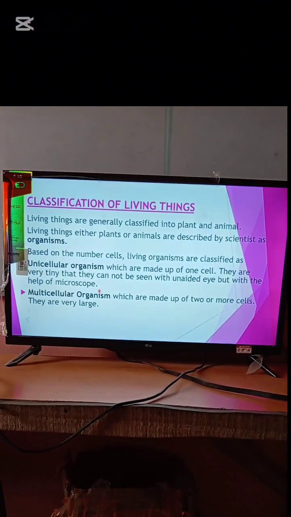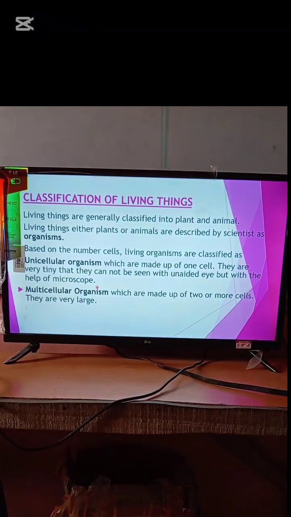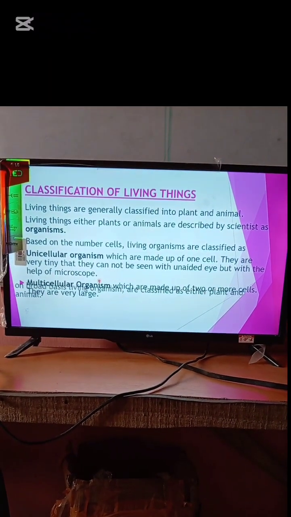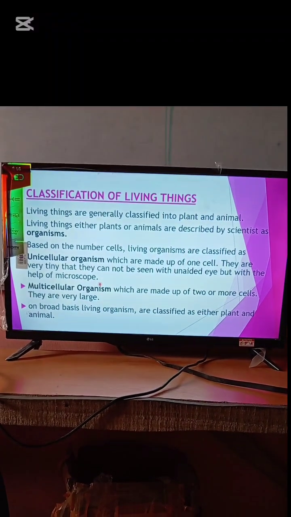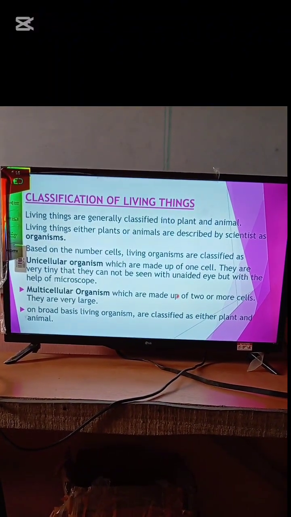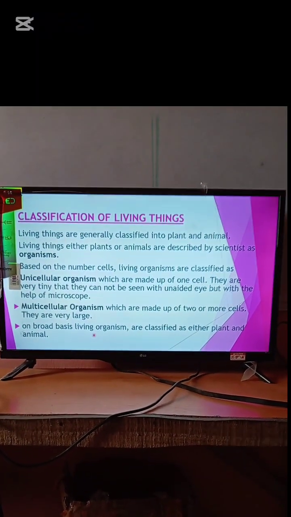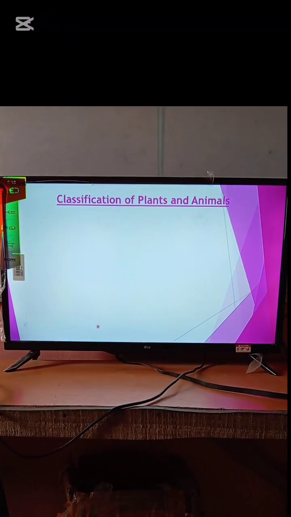Multicellular organisms are made up of two or more cells, and they are very large. On a broad basis, living organisms are classified as either plant or animal.